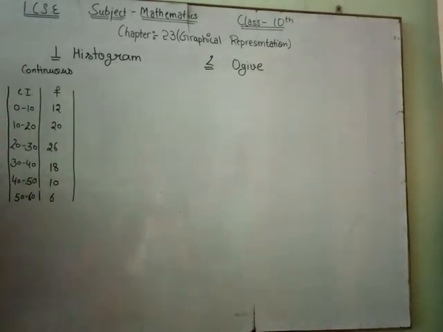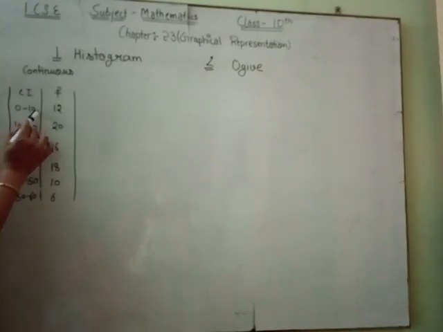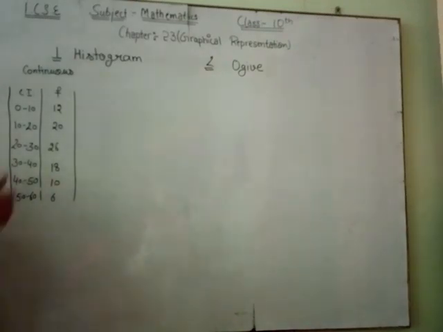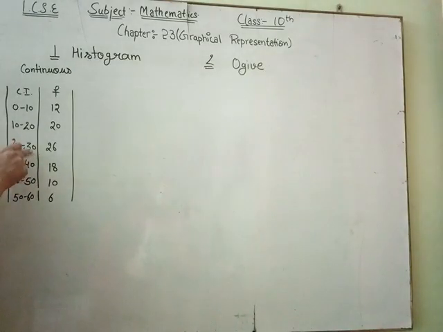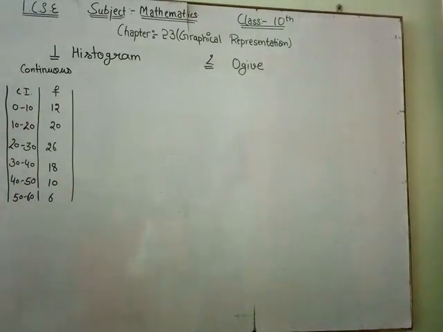This class interval is continuous because the first class upper limit is 10 and the next class lower limit is also 10. Same for the second class upper limit 20 and the third class lower limit 20, and the third class upper limit 30 and the fourth class lower limit 30. So this is a continuous class interval.